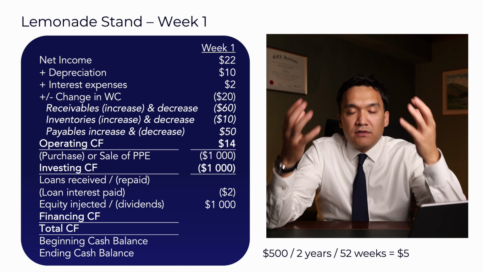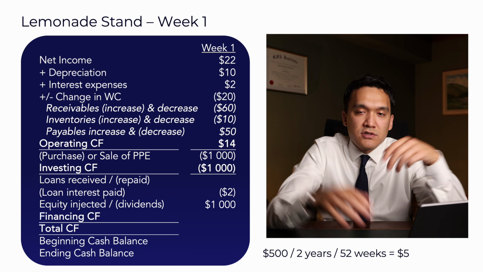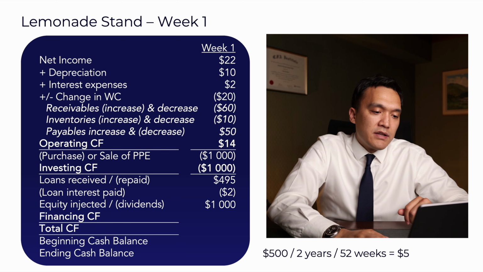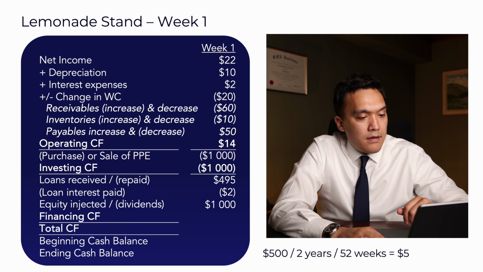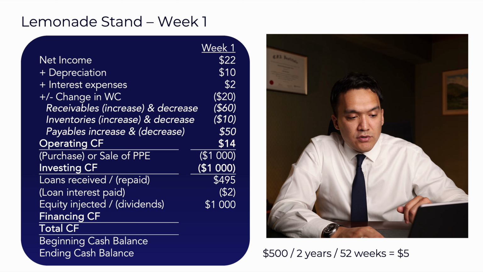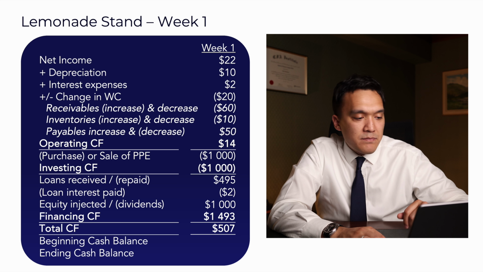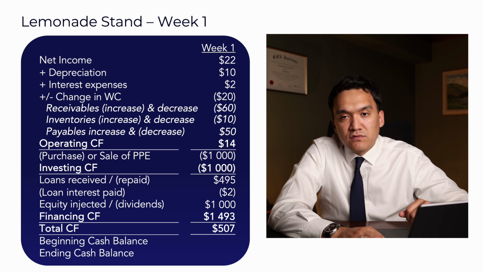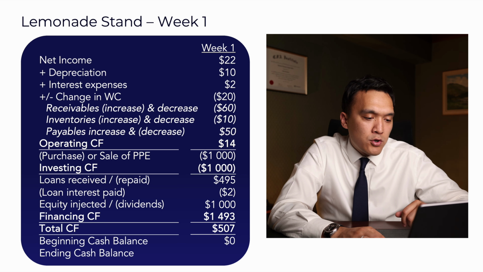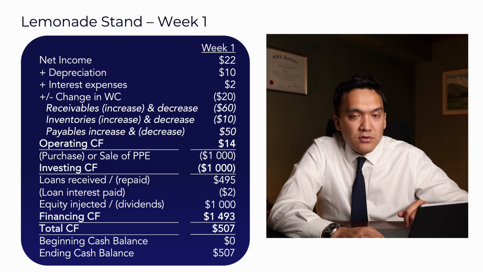So we received $500 and repaid $5. We have a net $495. So our financing cash flow is $1,493, and our total cash flow is $507. So we had beginning cash balance of $0, and by the end of week 1 we had $507.